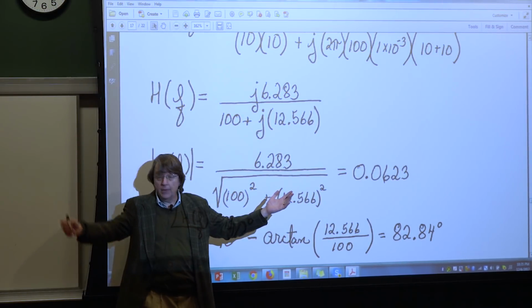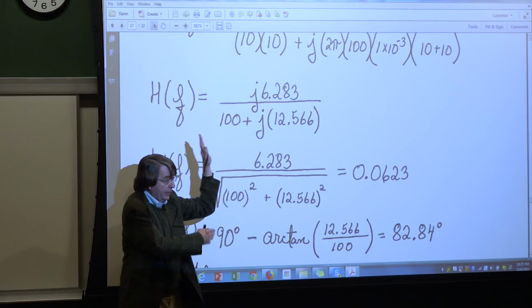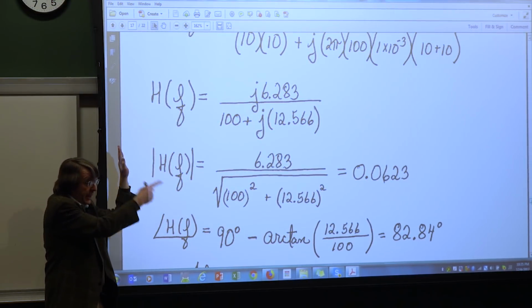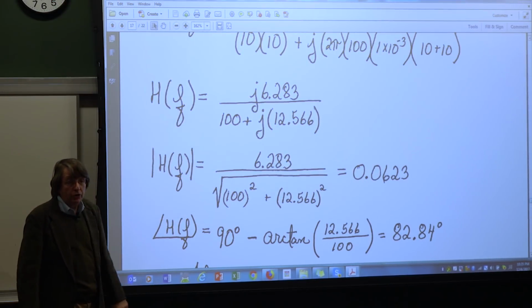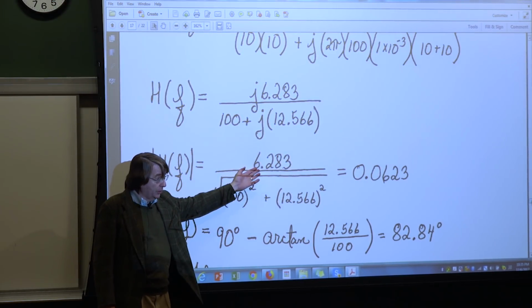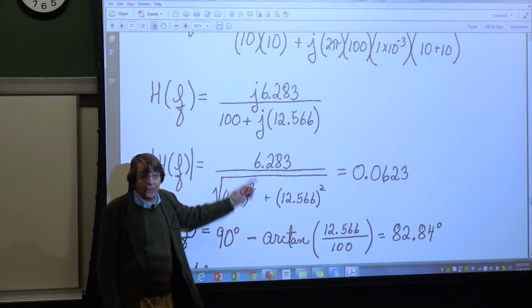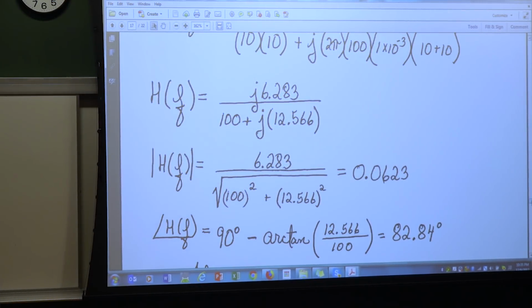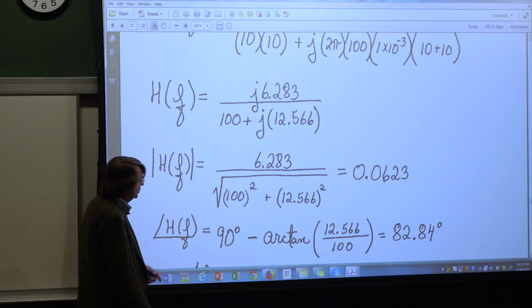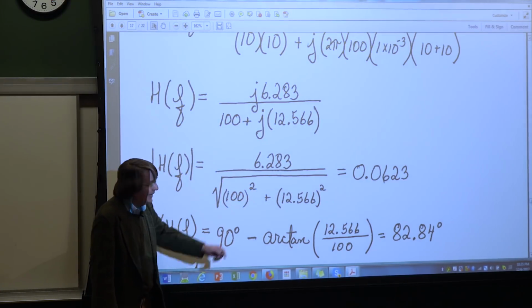That's what it means here. So I have a vector in the j direction. It's pointing straight up. And its length is 6.283. That's the magnitude. The bottom, I used the Pythagorean theorem. And I get the length of the vector to be 100 squared plus 12.566 squared square root. And I get H of F.